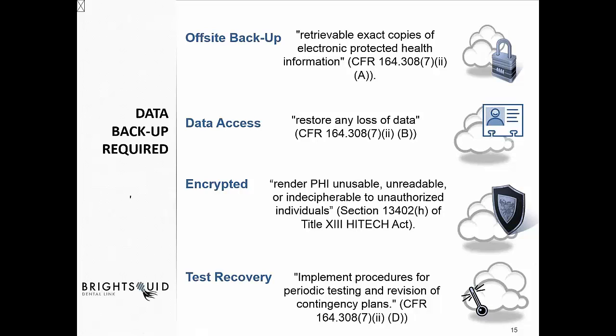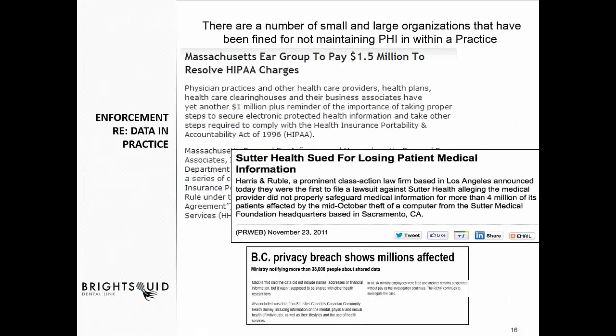Agreed. So again, just like we did for the section before, I want to talk a little bit about enforcement for data in practice. Here are some examples of small and large organizations that have been fined for not maintaining protected health information properly.